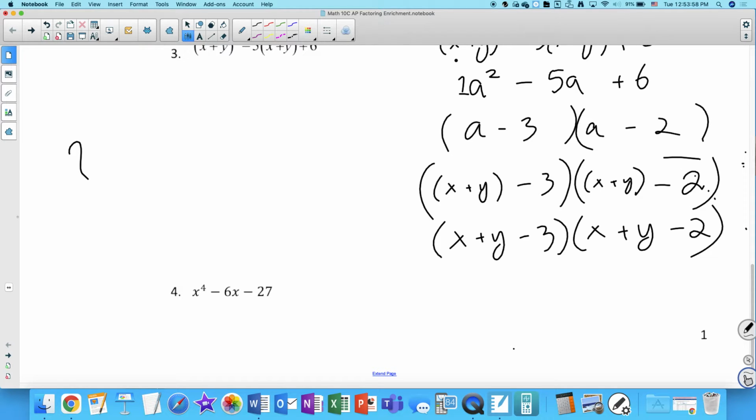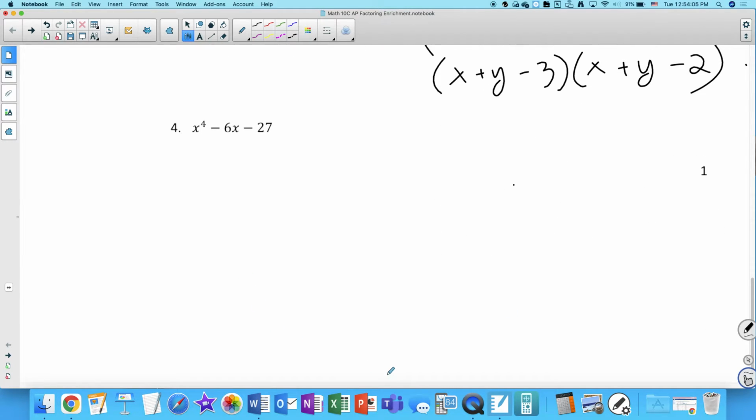Okay, so actually, there's a typo on number 4. Can you guys please put a squared there? We did something really similar to this yesterday. As long as this exponent is double that one, we can factor it. So here we're looking for two numbers that would multiply to negative 27 and add to negative 6.